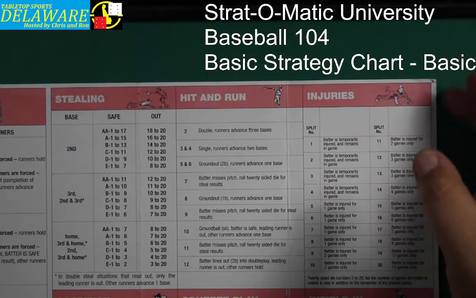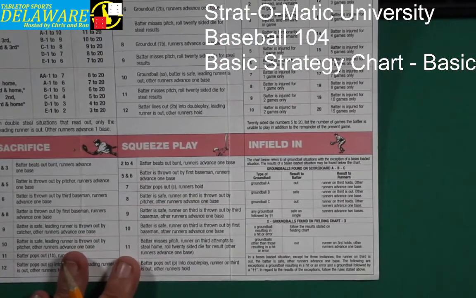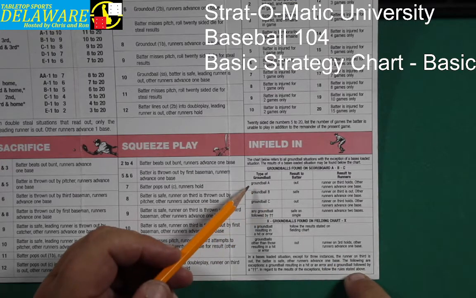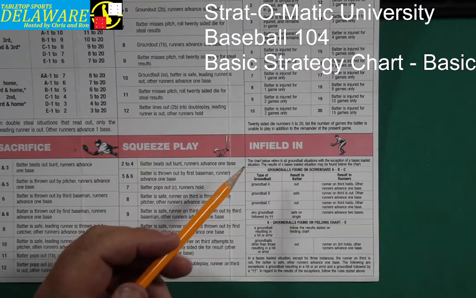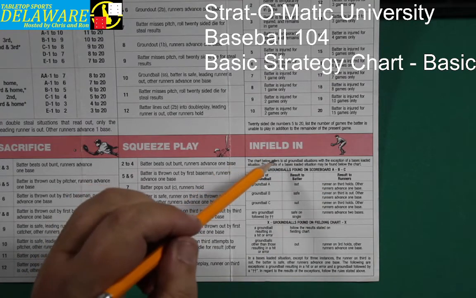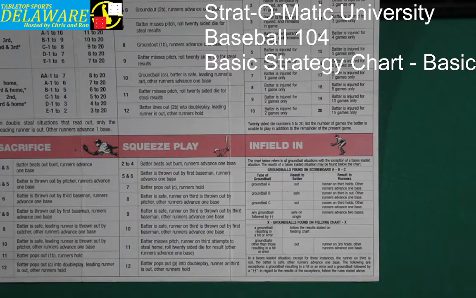Last is going to be Infield In. Defensively, got a runner on third, 1 out. Infield's in. This tells you exactly what to do. And as you read, let's read through the chart together. The chart below refers to all ground ball situations with the exception of a bases loaded situation.